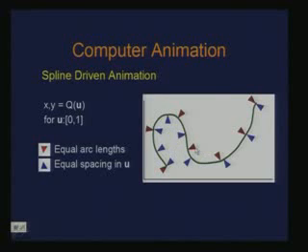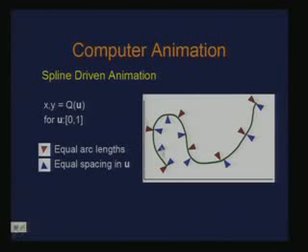Now one may start wondering, since it is a parametric curve in u, will an equidistance interval in u provide me an equidistance traversal along the path? The answer is yes or no?